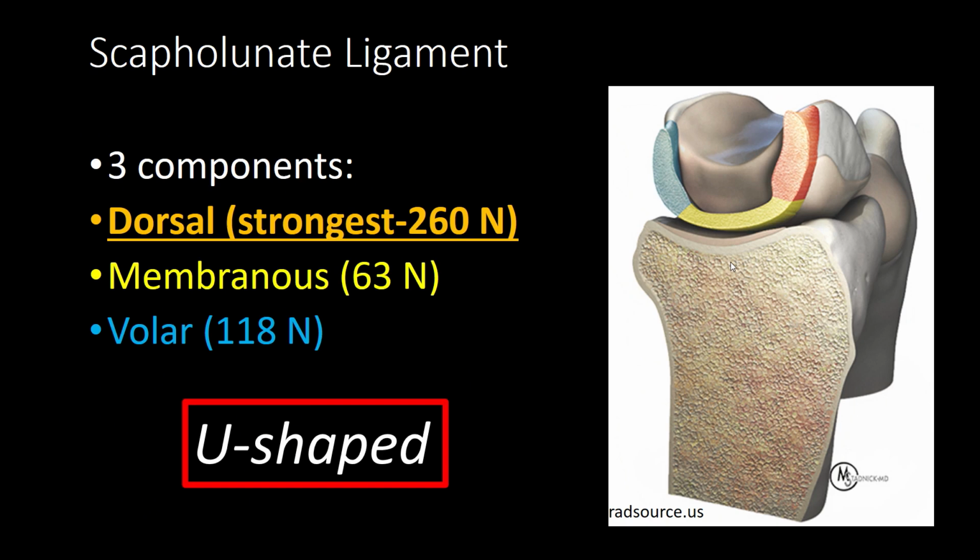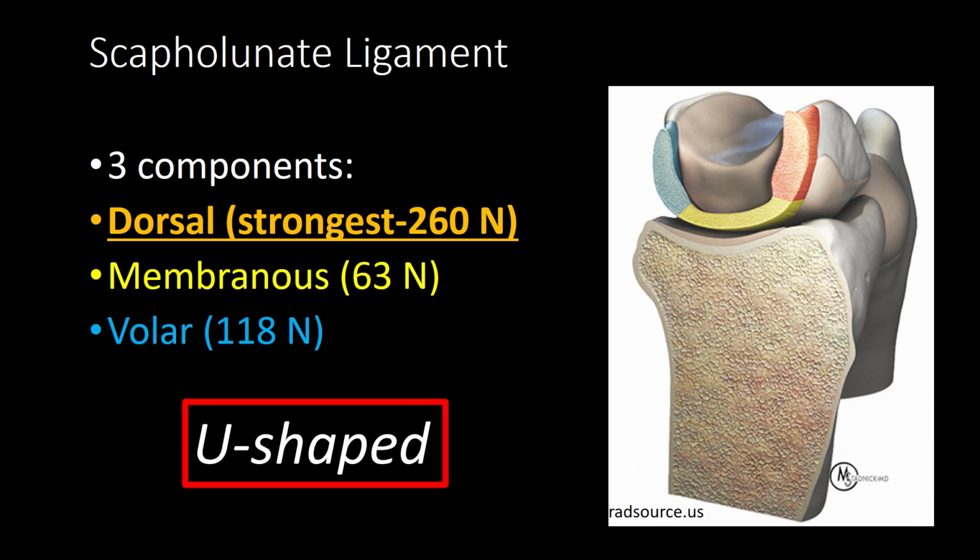An intrinsic ligament that we're going to really pay attention to today, talking about scapholunate or scaphoid instability really, is this scapholunate ligament. We know that there are three portions of this ligament. It is U-shaped, and the dorsal band is the strongest. It can actually handle up to 260 newtons.